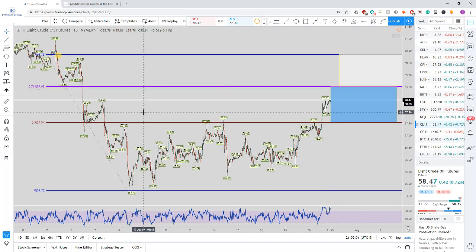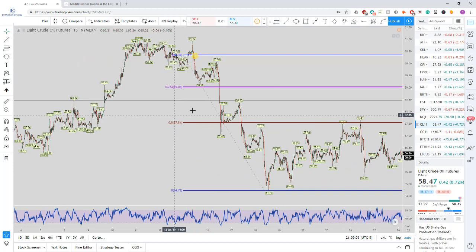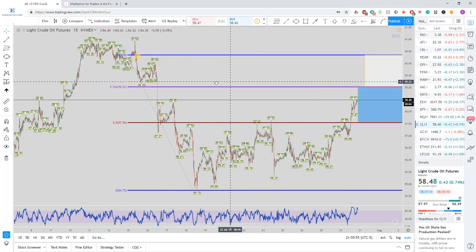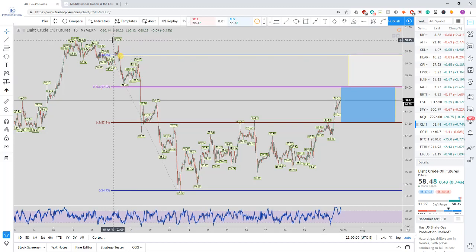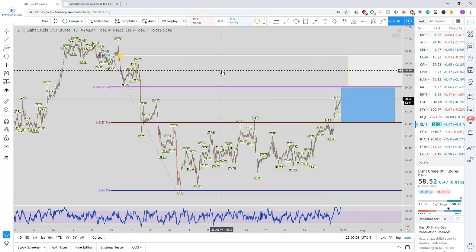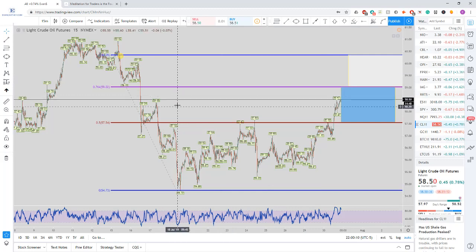Now, how I initially got this trade set up is I don't create these setups blindly, meaning I don't choose some random pivot point high, drag my Fibonacci retracement tool down to the bottom and say, okay, here's the short setup, just take it blindly at the 76.4. What I found, again, this is another trade I found through meditating.